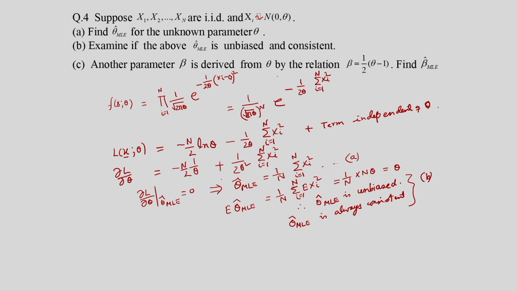Now, in part C, we have another parameter, that is beta, which is equal to half of theta minus 1. Now, the question is, what is beta hat MLE? Now, we will use the invariance property of ML estimators, that is beta is a function of theta.